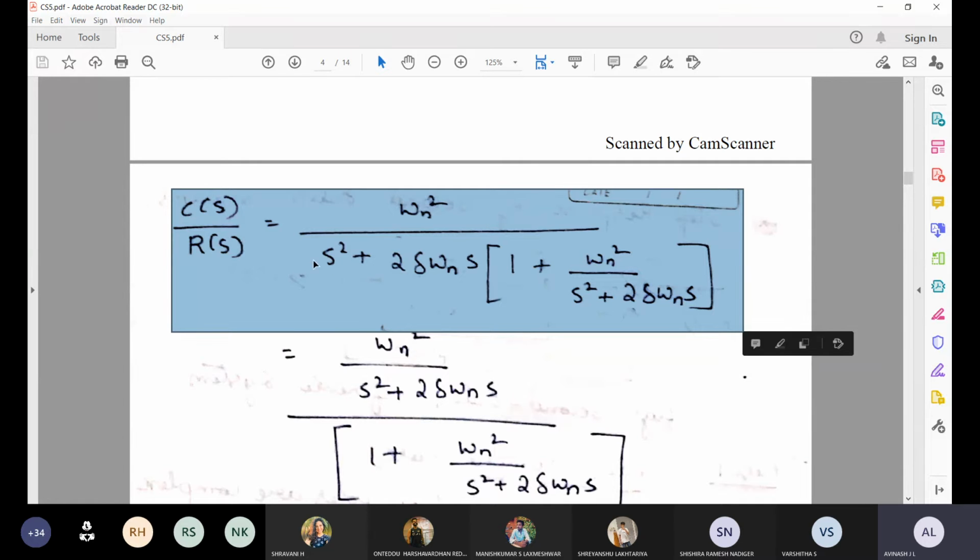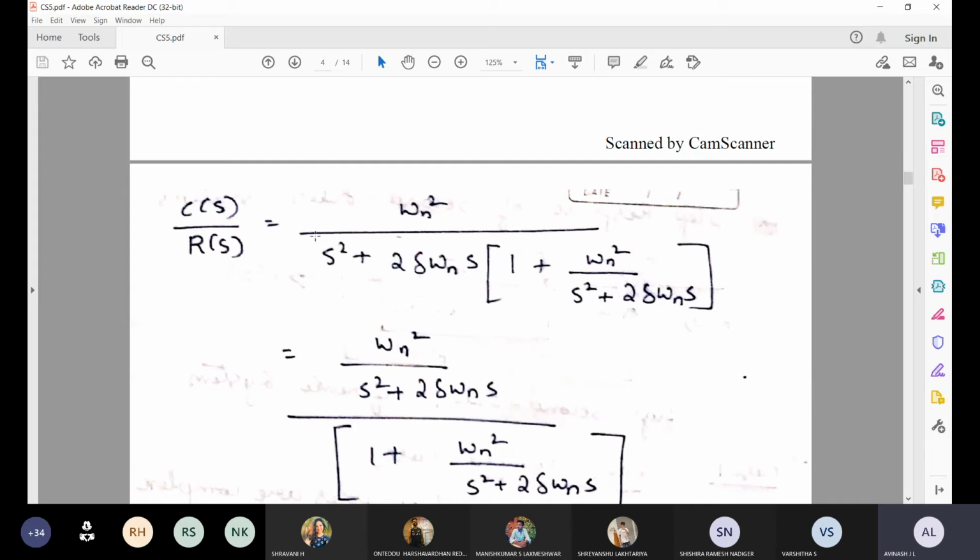If you multiply 1 with S square plus 2 delta omega n S, and omega n square with this, the common factor in the denominator and numerator cancels each other, and we get the original equation back.